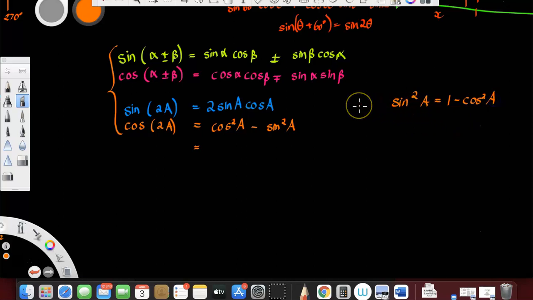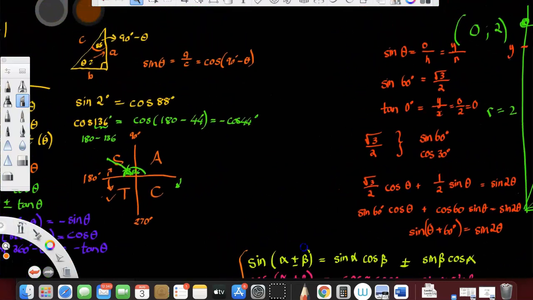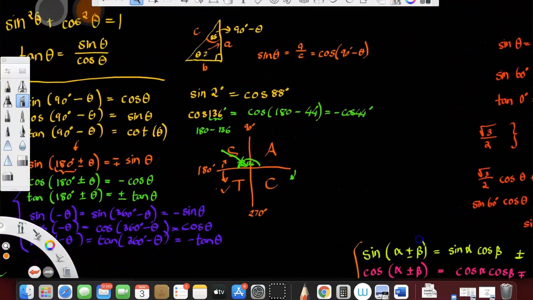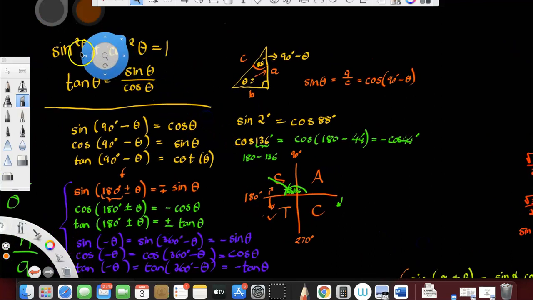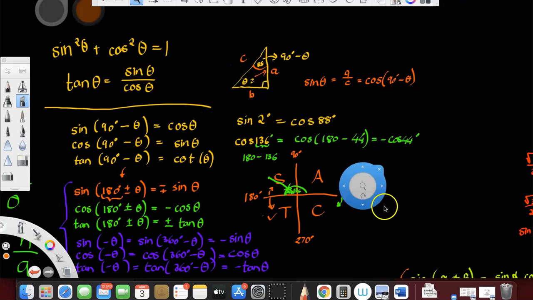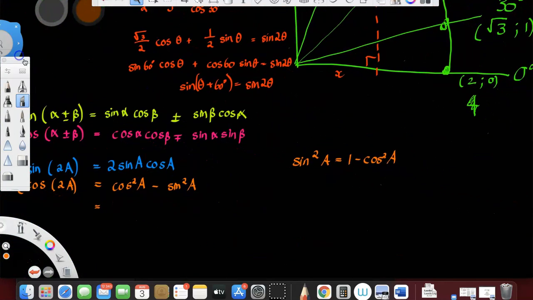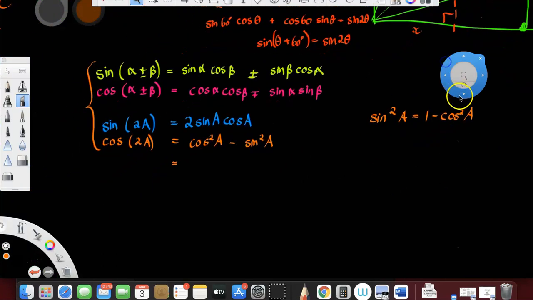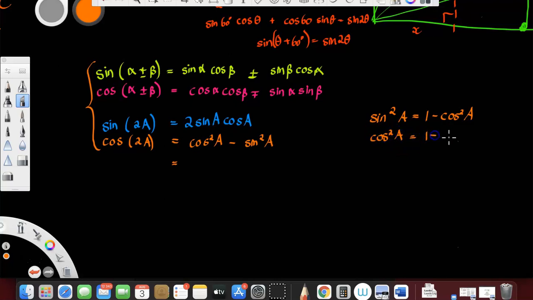Okay, and that is one of our fundamental identities. So when it comes to the fundamental identities, this is one of those. So it's just rewriting it. Or I can say cos squared alpha is 1 minus sine squared alpha.